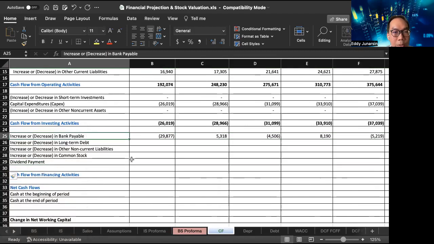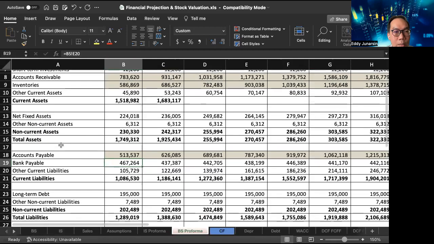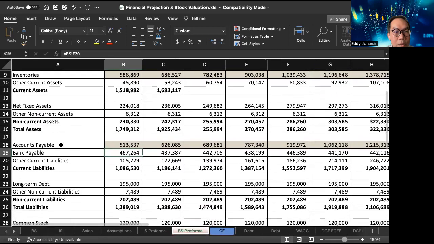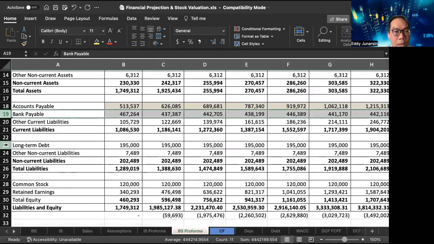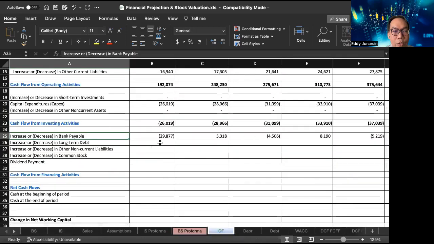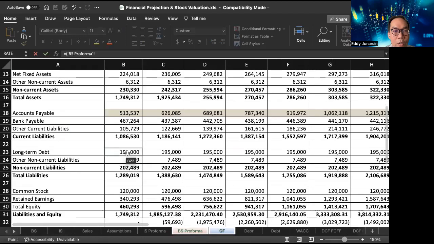Okay, bank payable. Then let's check next one. Yeah, long-term debt. Okay, increase or decrease in long-term debt. Once again, we're doing this. Long-term debt in 2021 minus that in 2020.